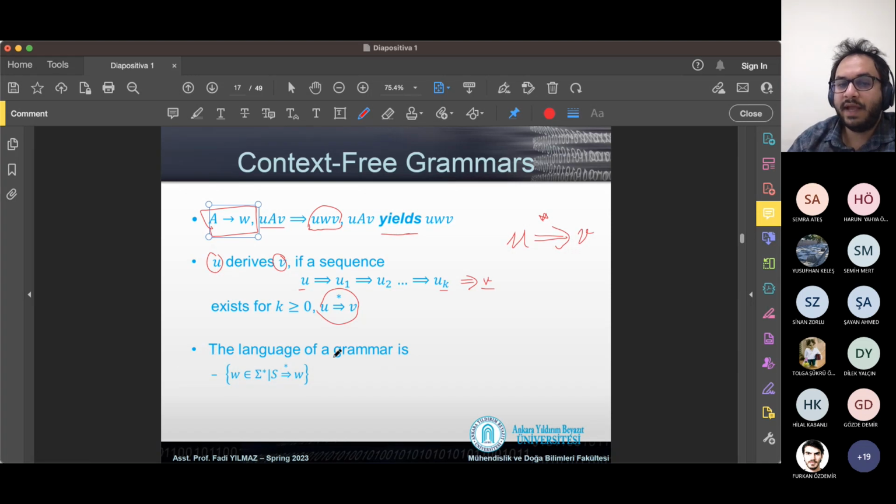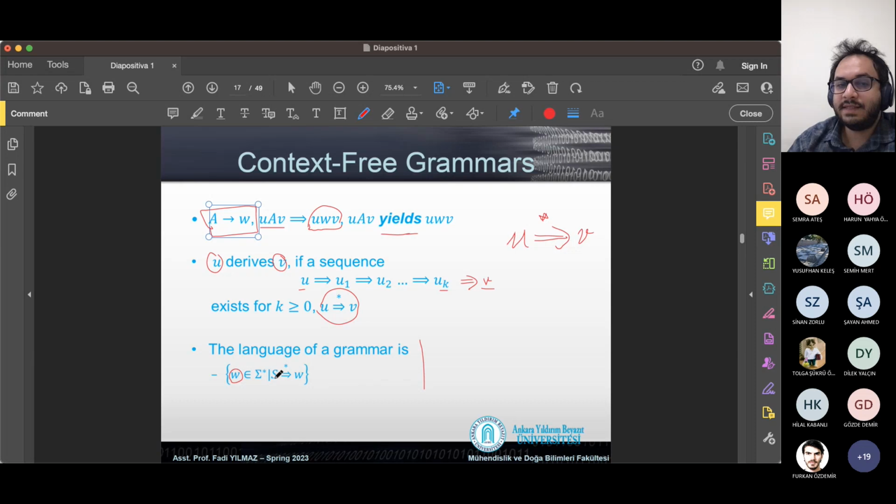So the language of the grammar is this thing. What does it mean? It means that w's are elements of sigma asterisk, so you can pick any of them.